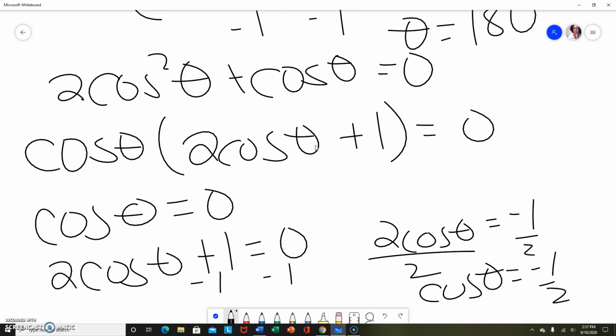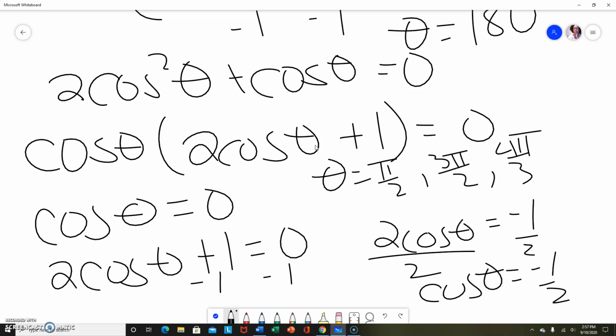And then when I look at it, I know cosine theta equal to 0 is at pi over 2. And for negative 1/2, it is at, well, it's at 3 pi over 2 as well. And then for negative 1/2, it's 4 pi over 3 and 2 pi over 3.